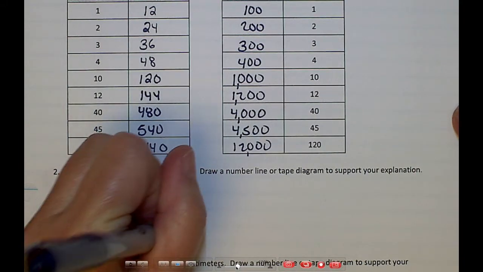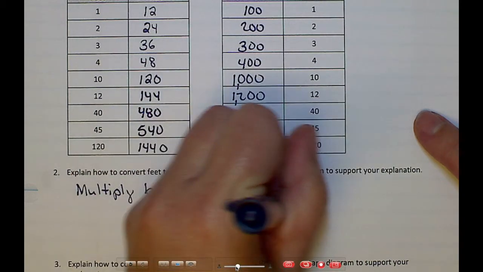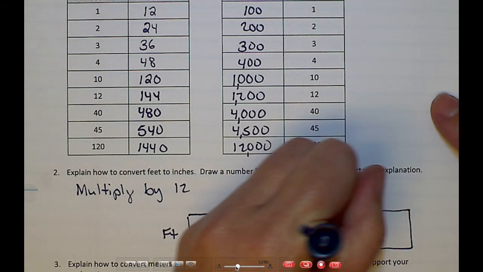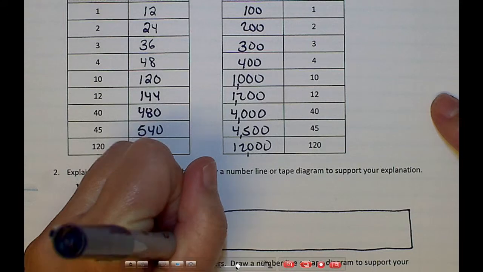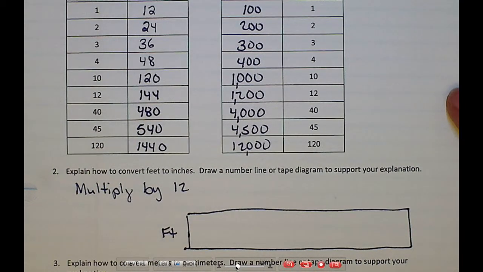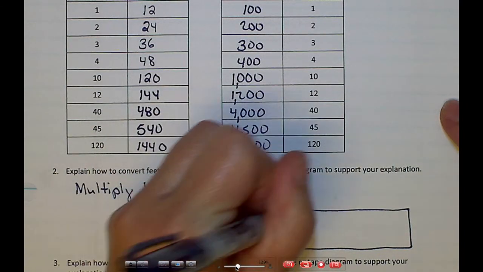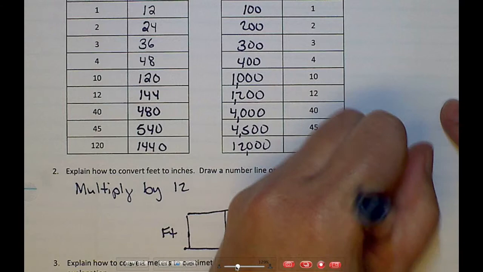For every foot we have, how many inches do we have? For every foot? 12. So that's a foot, that's a foot, foot, foot, foot.